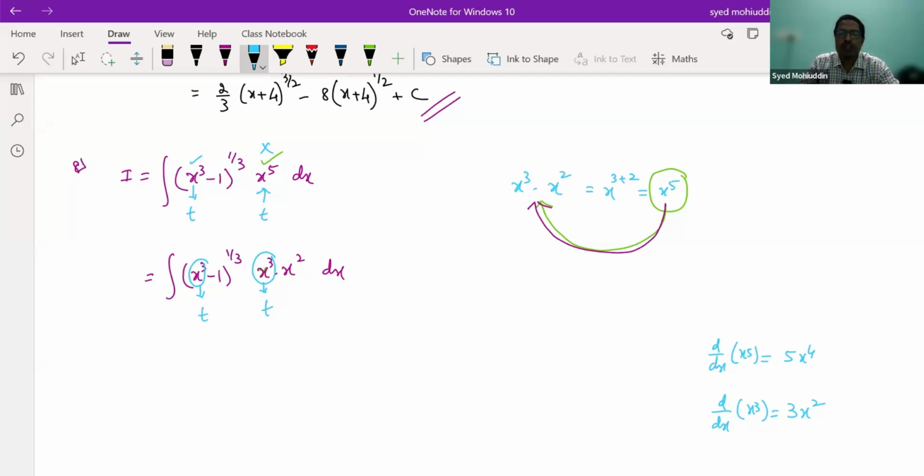So can we solve this problem by taking two t values? Because we'll be getting a product there. Again, that is a confusion you'll be having there. So is it possible to solve it just by taking two t values?